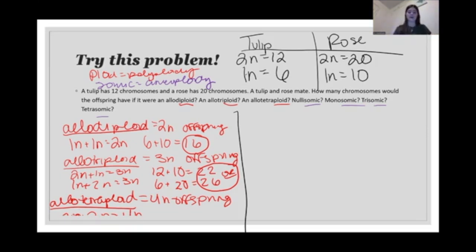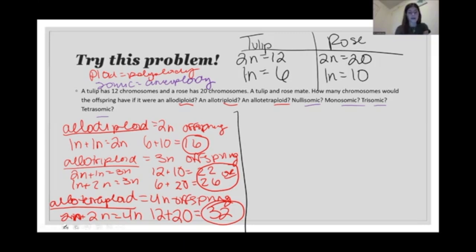So if I look at my 2n numbers, my tulip 2n is 12 and my rose it's 20. So I would do 12 plus 20 equals 32 for that offspring. And that's how I would solve those.